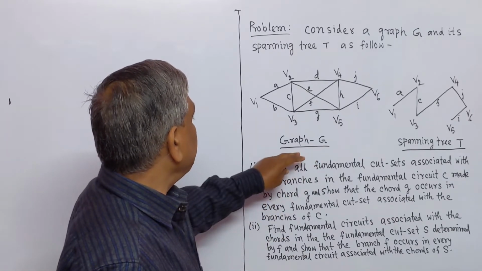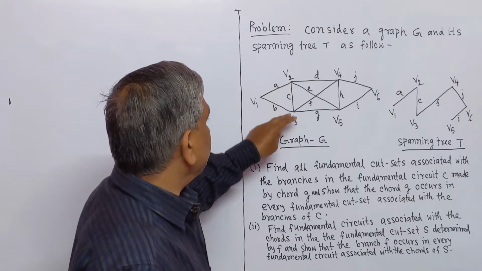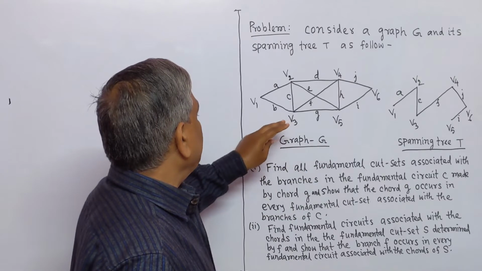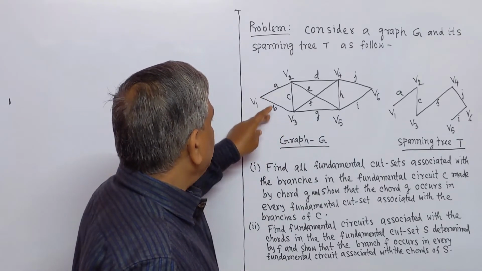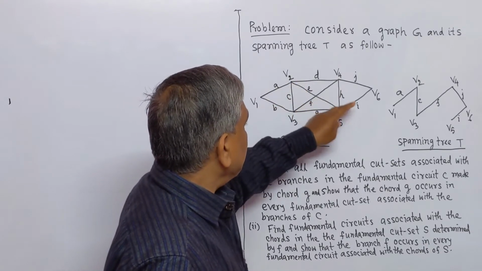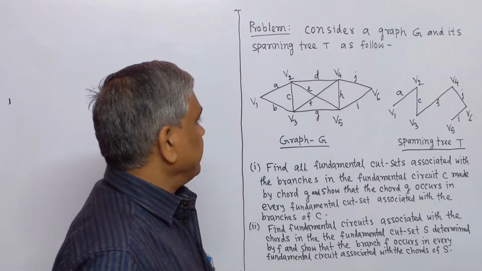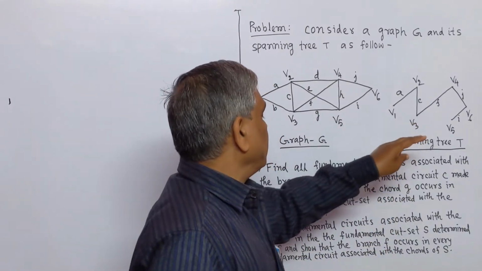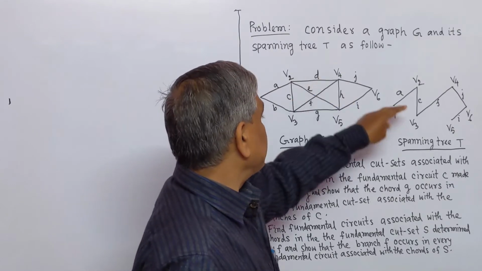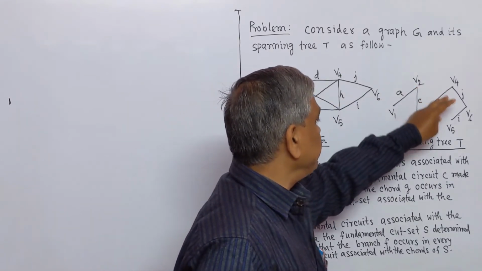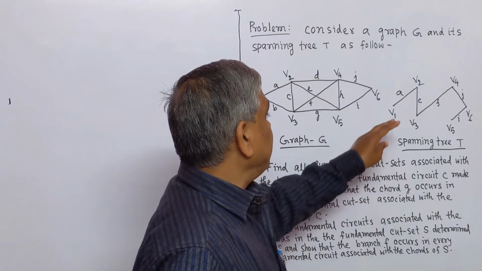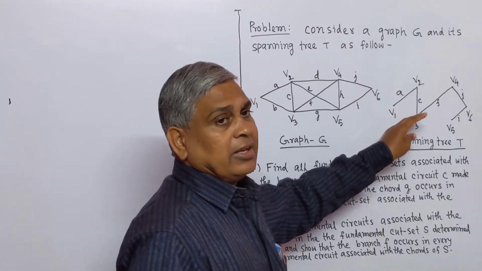Here in graph G we have vertices V1, V2, V3, V4, V5, V6 and edges are A, B, C, D, E, F, G, H, I, J. In spanning tree we have same number of vertices, that is same vertices V1, V2, V3, V4, V5, V6, but we have less number of edges.